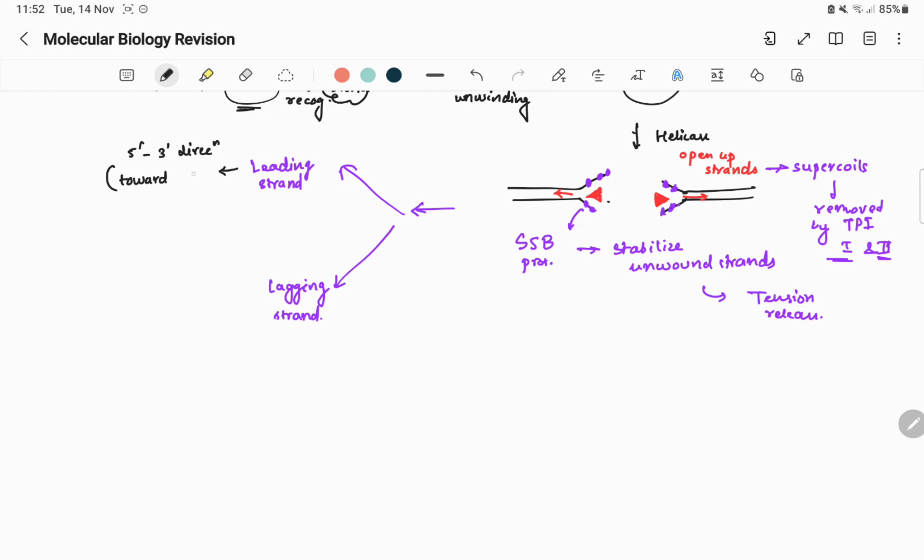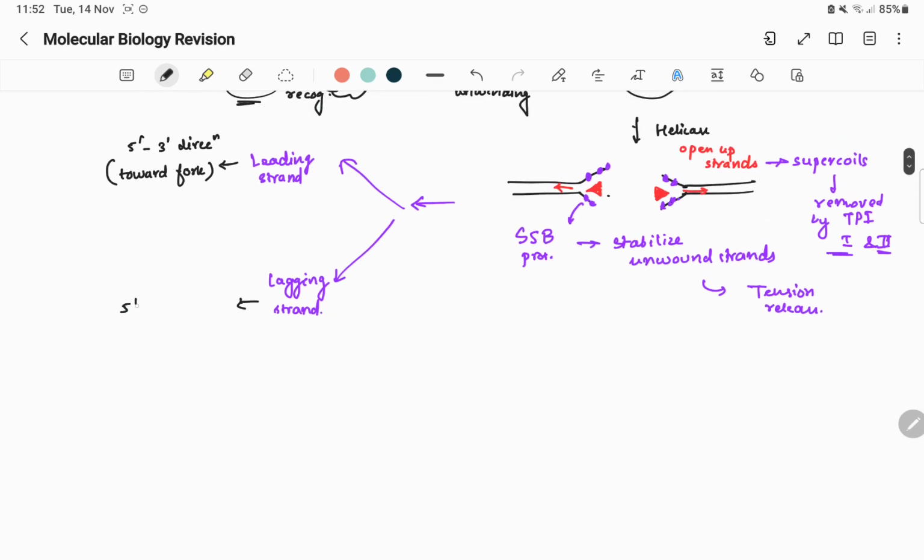But in the lagging strand, it is also occurring in the 5' to 3' direction, but away from the fork. In the leading strand you have continuous synthesis.